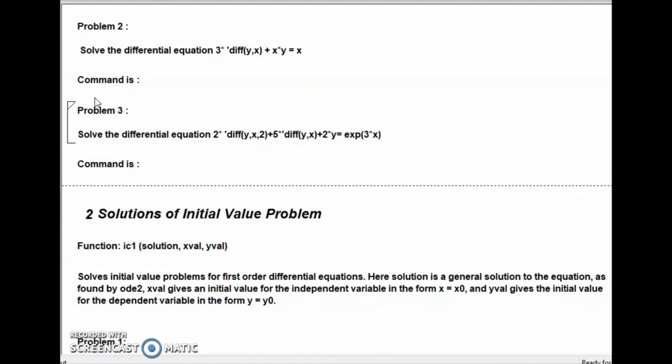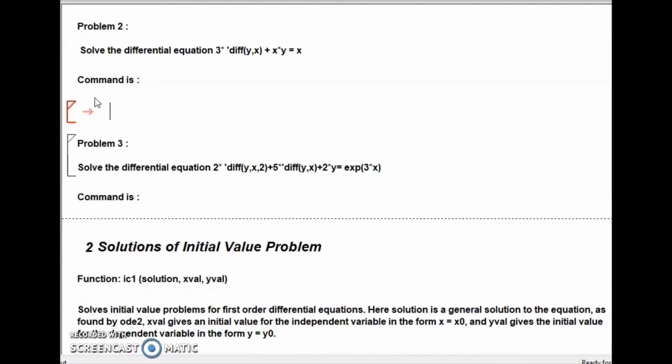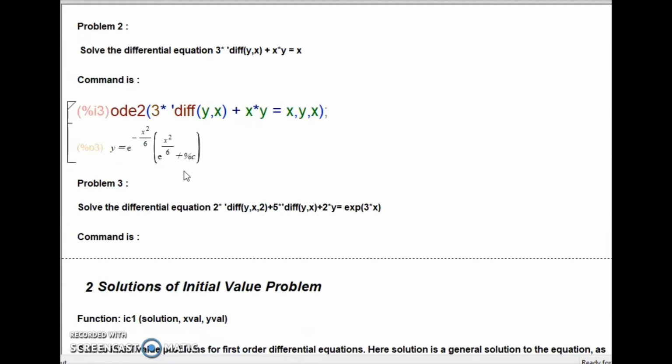Place your cursor here, Ctrl 0 for input cell, syntax is ODE2, open the brackets, type the equation within the brackets, parameters, dependent variable, independent variable, semicolon, Ctrl Enter, you got the solution.